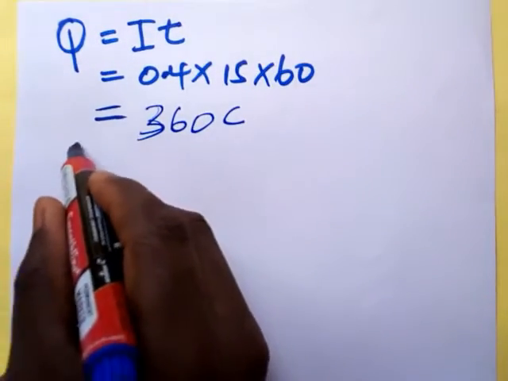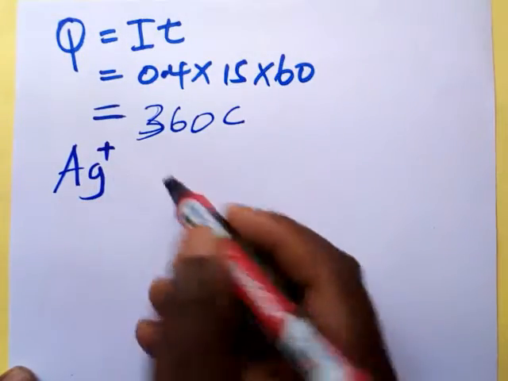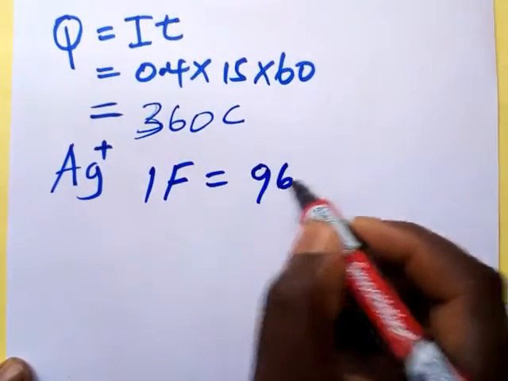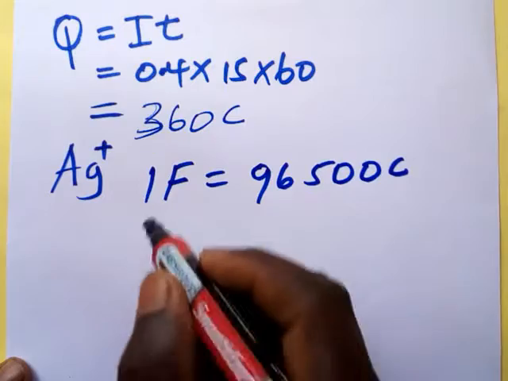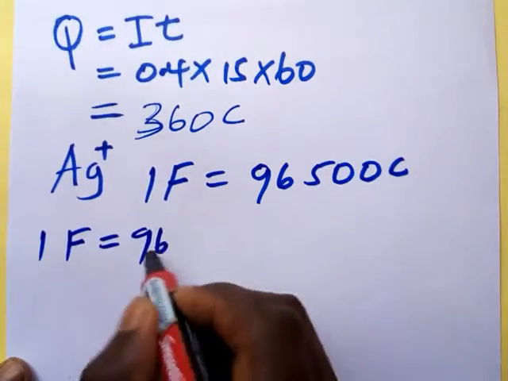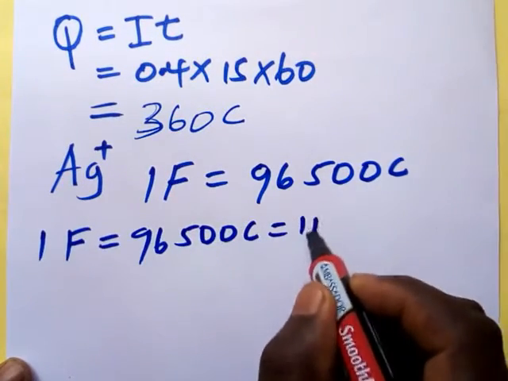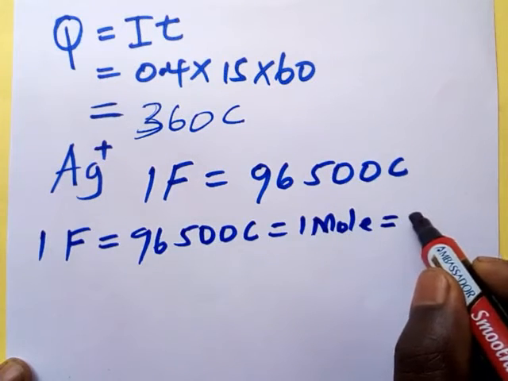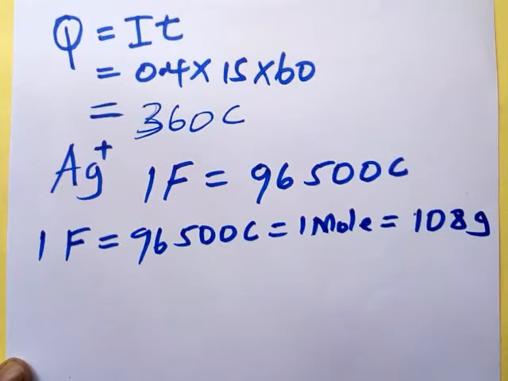But we know silver is monovalent, therefore 1 Faraday equals 96,500 coulombs. But remember, 1 Faraday equals 96,500 coulombs, which equals 1 mole. And 1 mole of any element is equal to RAM, which for this case is 108 grams.